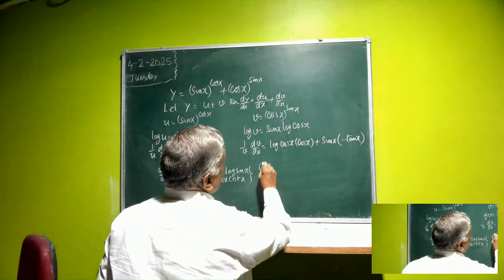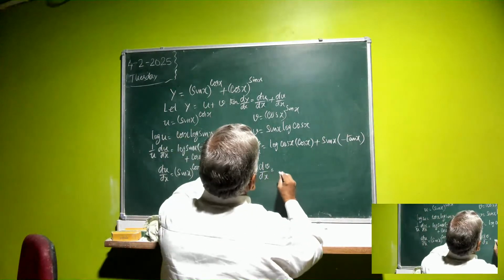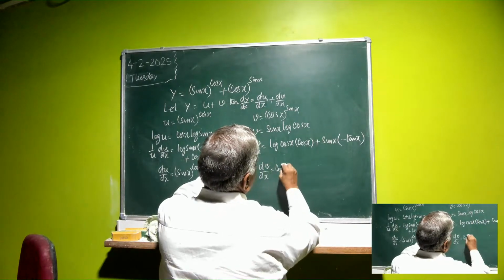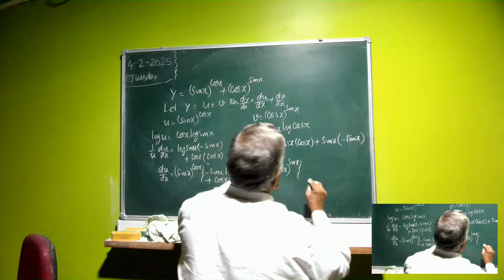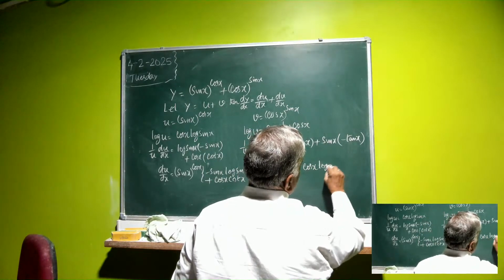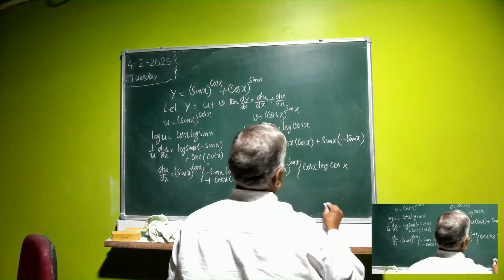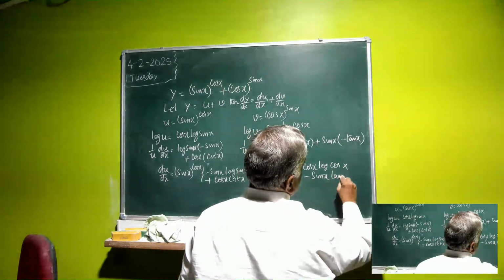What about dv by dx? That is equal to v, what is v? cos x to the power of sin x, into cos x log cos x minus sin x tan x.